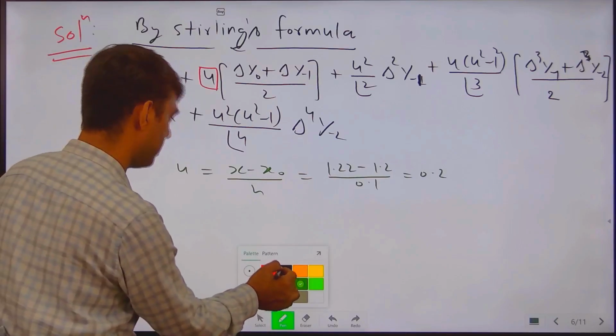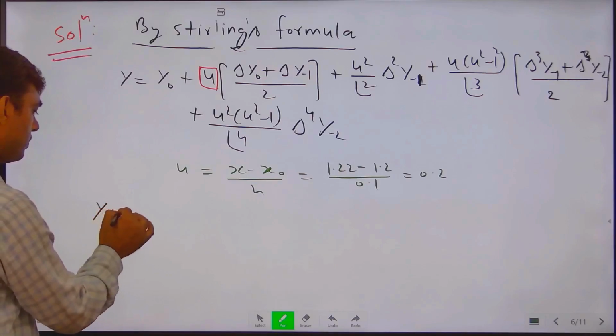What is the result? The result is y equal, what is y0?